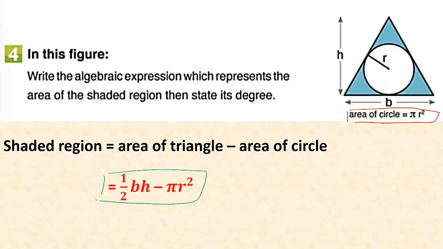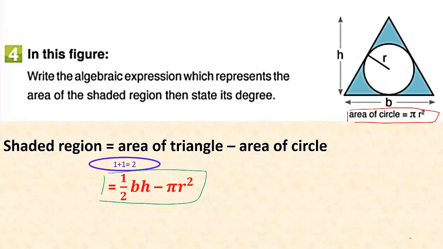Let's go now and see how many terms there are inside this algebraic expression. We have two terms, half bh and pi r squared. What is the degree of the first one? The degree of half times base times height is of the second degree.